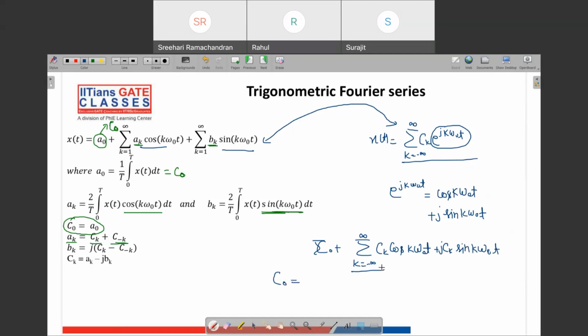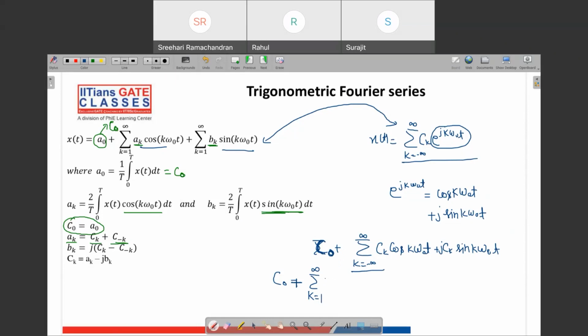Here k is varying from minus infinity to infinity, except at k equal to 0. For k equal to 0, I've taken out this c0. Now here, when you add this, you can also write it as c0 plus summation k equal to 1 to infinity.